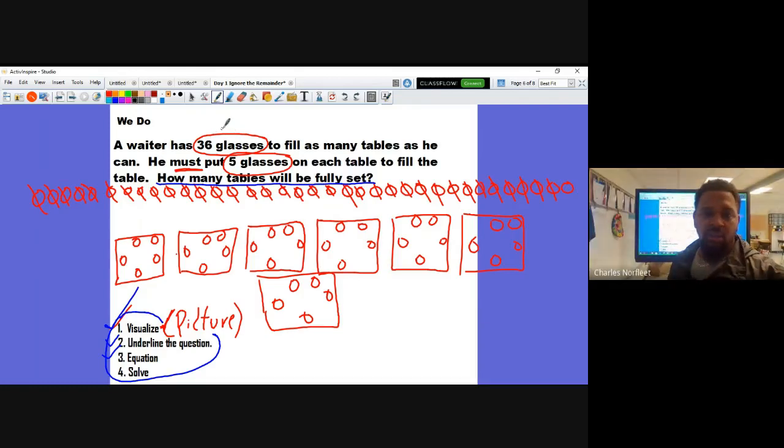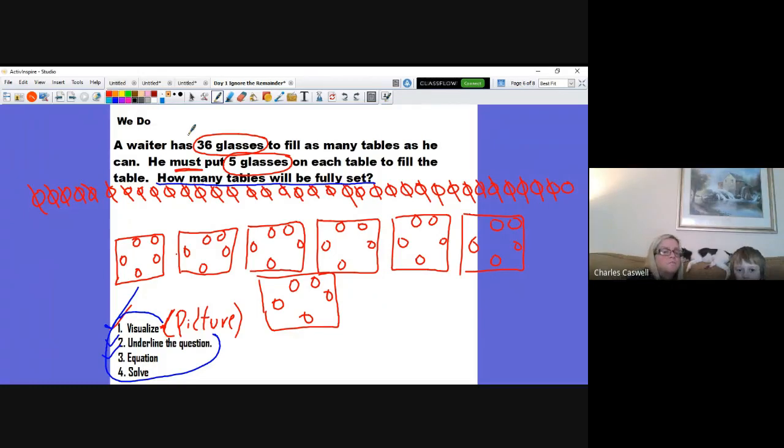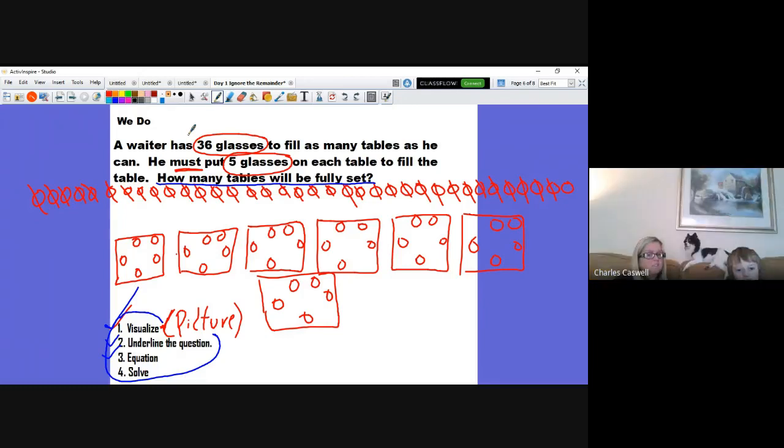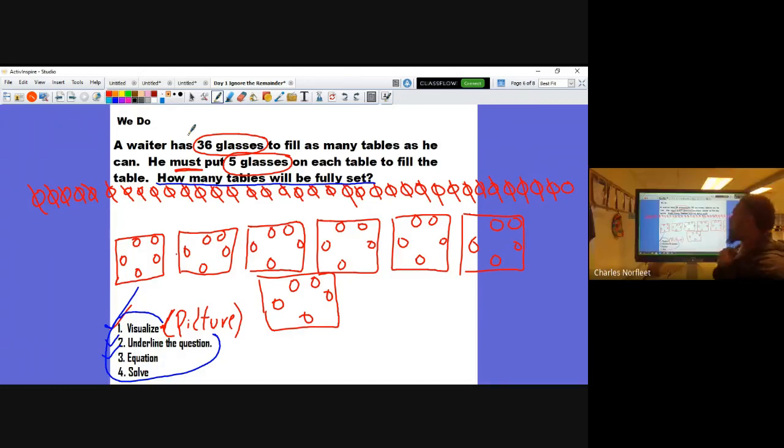All right, so Charles, if we look inside of the paragraph, what is the total number of glasses there? 36. All right, so 36 is the total. So we're gonna write the total down.